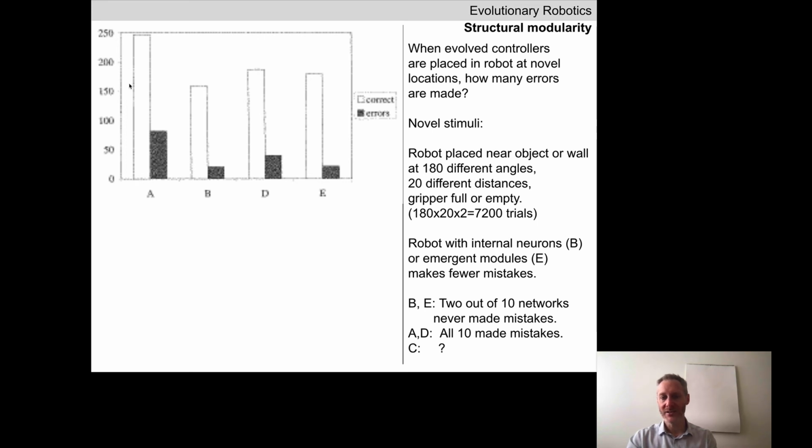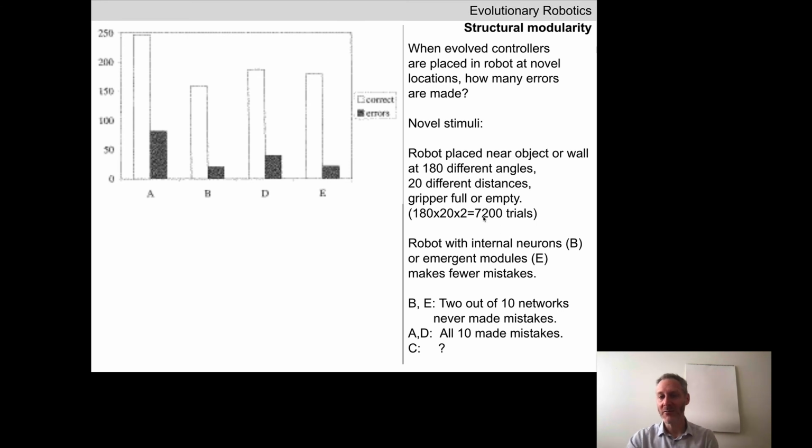You'll notice then that out of those 7,000 trials, for each of these evolved networks, they reported on the vertical axis the number of times out of those 7,200 trials that the robot made a mistake. What's a mistake? If the robot was placed near the wall, facing the wall, and its gripper was full, we know what the robot should do in that case. It should drop the object. If the robot was placed near an object and its gripper was empty and it's facing that object, it should grasp that object.